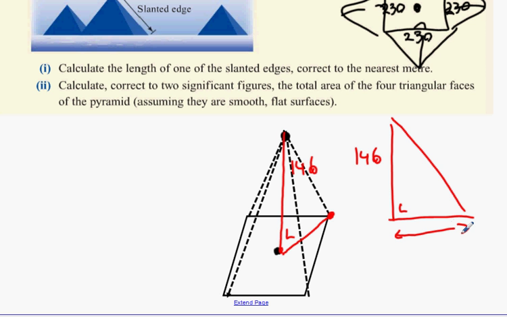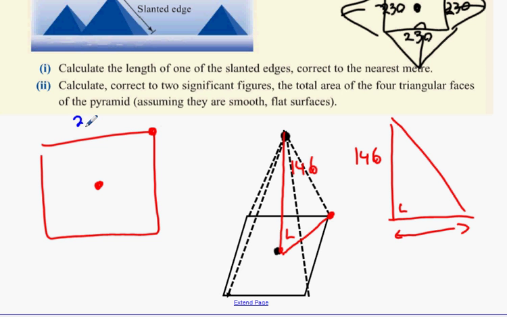Everybody right with that? I then go back to my square base, and I'm going to try and find out the distance of here to here. Here's how I'm going to do this. 230 one way, 230 the other way.